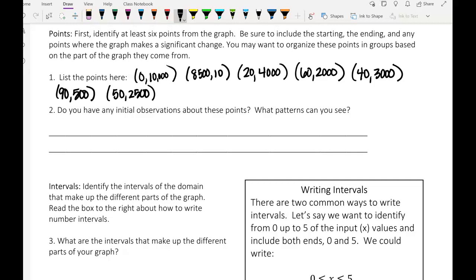Adrian, what's a point you guys came up with? 2,530. What always gets listed first? The x coordinate always has to be listed first. So your x coordinates only go from 0 to 100. So 30, then the 3,500.